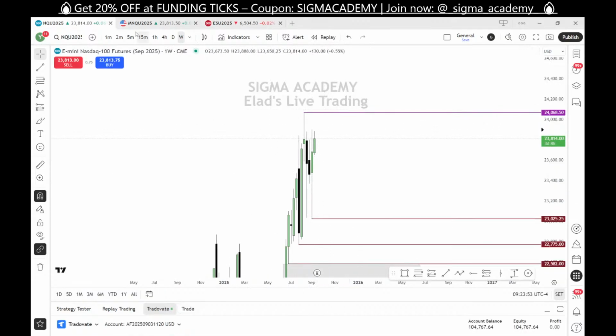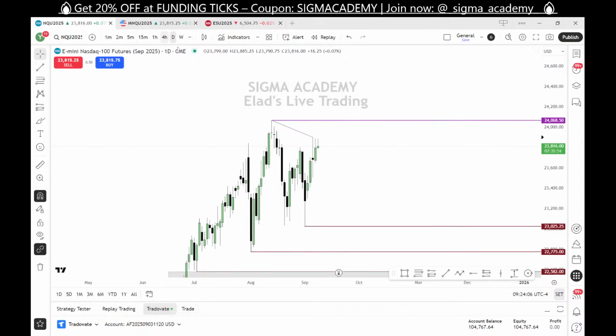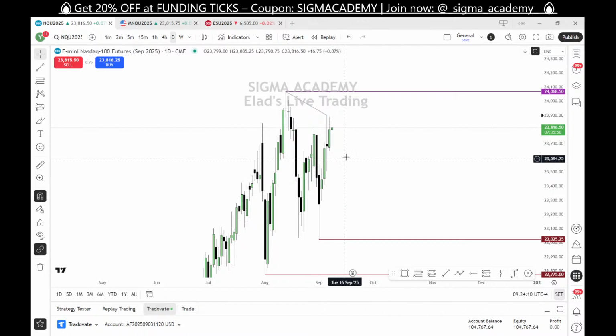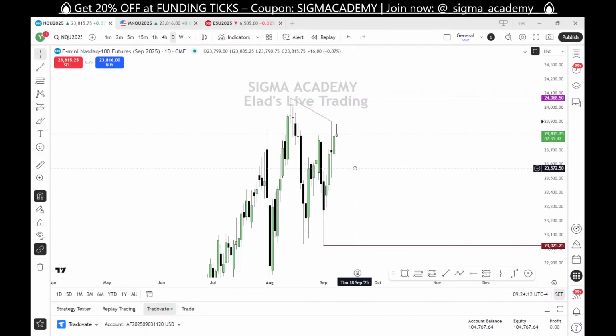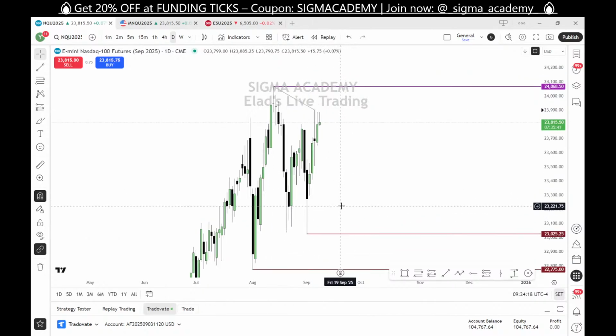Okay, so there are short positions that have been accumulated all this time. So we can anticipate a longer move to the downside. Okay, on the daily chart, we don't have any fair value gap near to us. We have those equal highs, equal lows. So maybe they will be taken out.